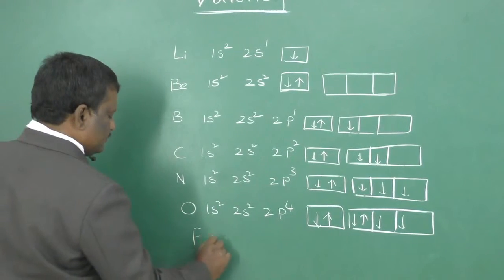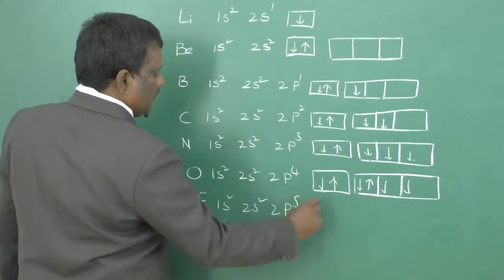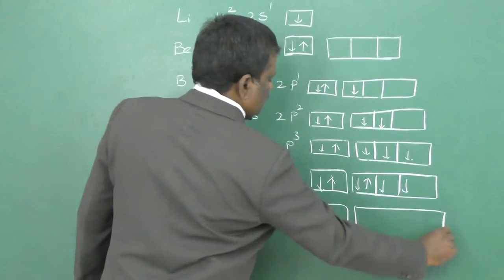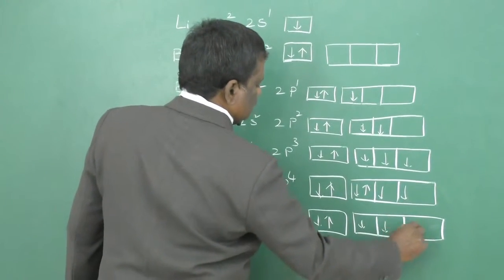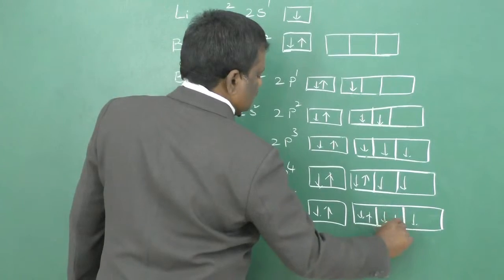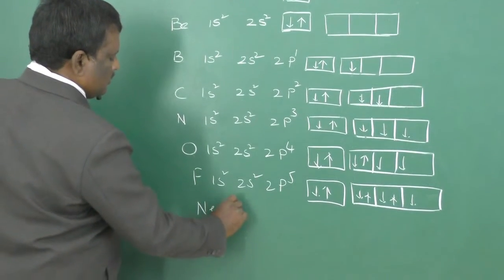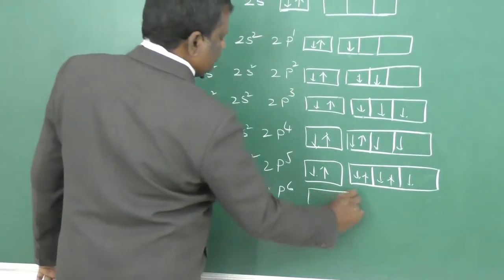Fluorine, 1s2, 2s2, 2p5. Then neon, 1s2, 2s2, 2p6.